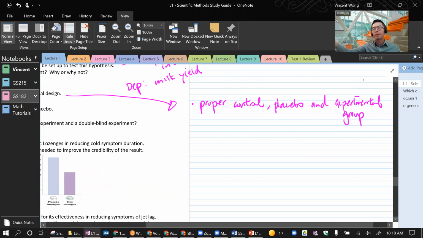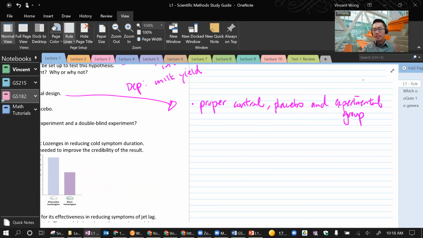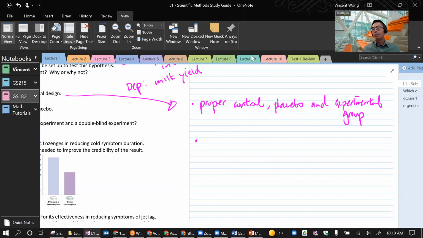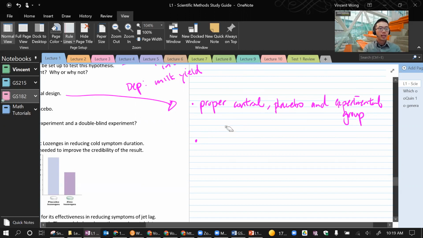You can't just give everybody the vaccine and then try out the results, because there's no baseline to compare it to. That's why you have to have the control. Later on in the course we will learn about positive control and negative control, but in general, you have to have control groups.